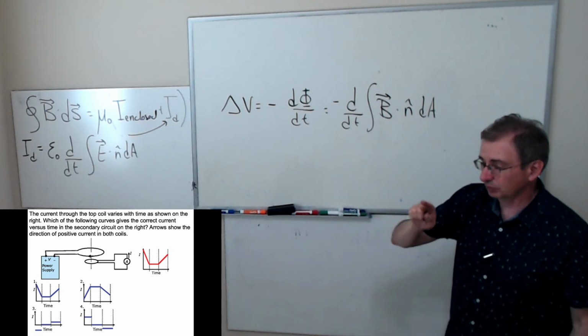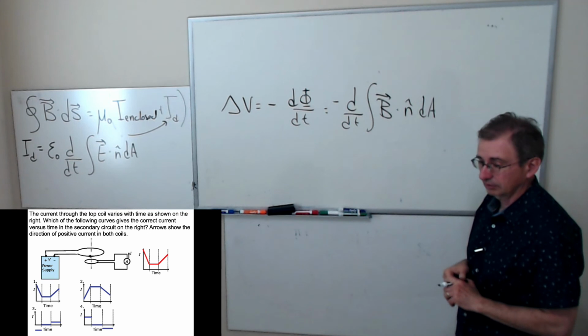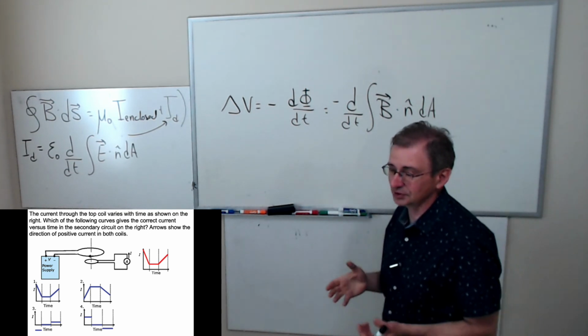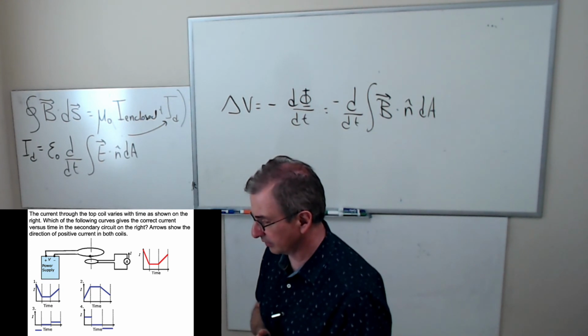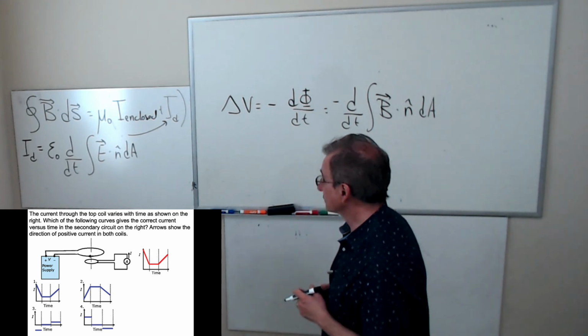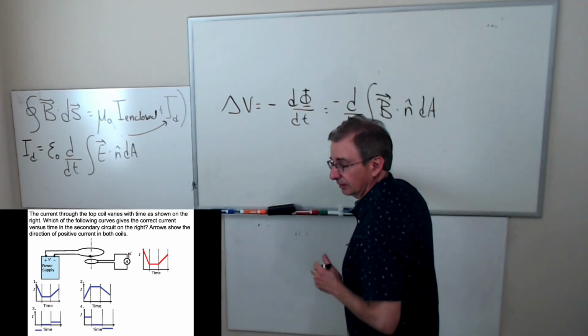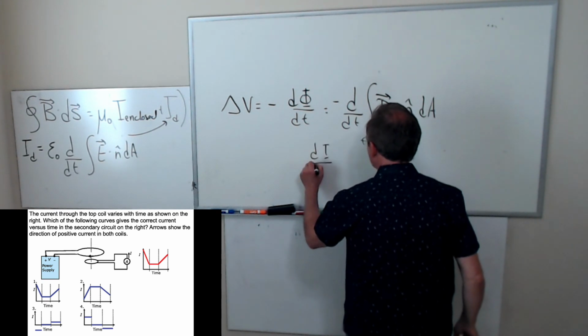In this particular case, what does the changing magnetic field do? It's due to the changing current, right? And what does the time derivative of the current look like? Let's plot di/dt.